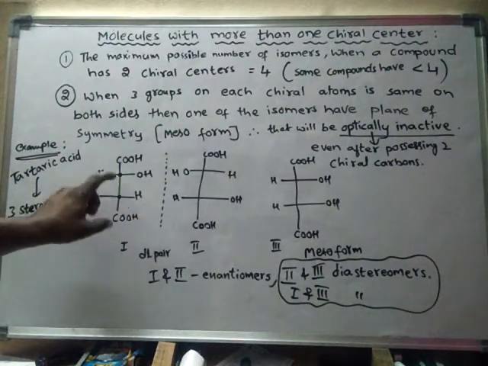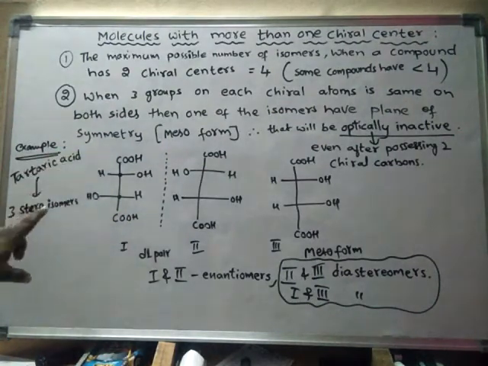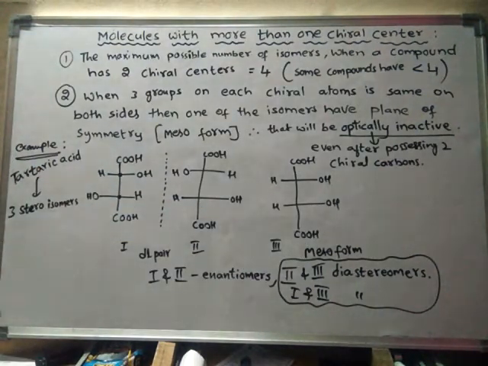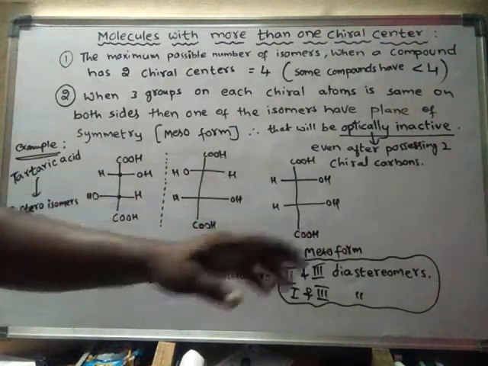Look here, this compound is called tartaric acid. It has 3 stereoisomers: 1, 2, 3. I will give you a formula to find the number of stereoisomers after discussing this one.